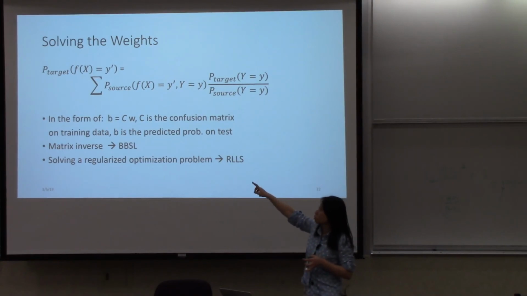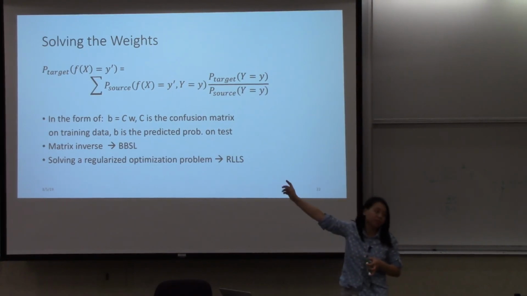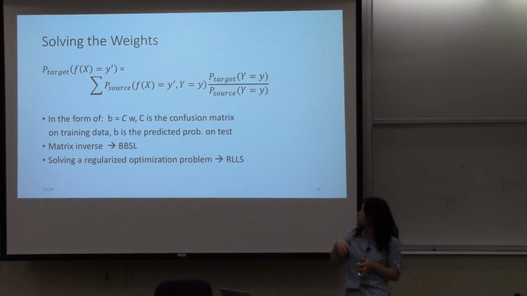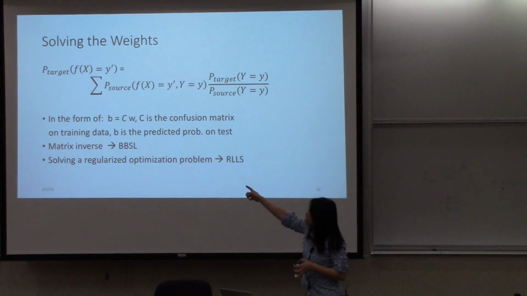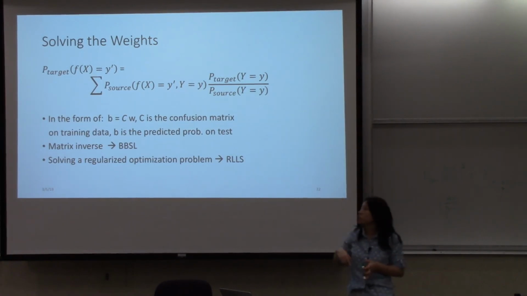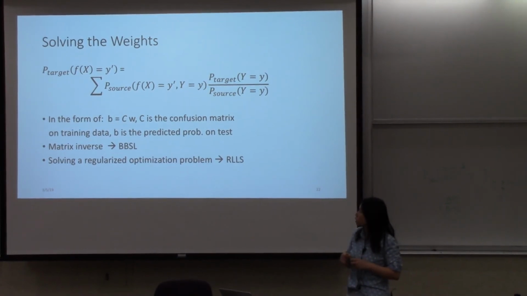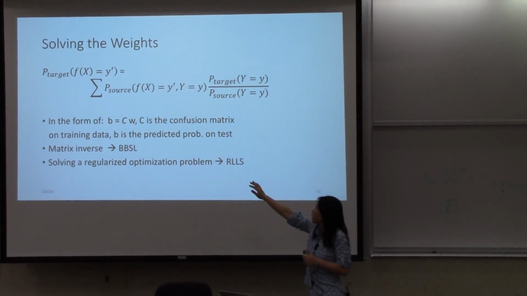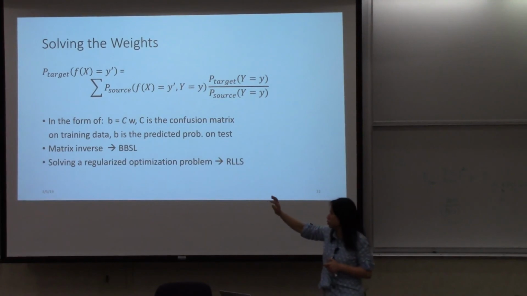Then it's just a question of how you want to get this W. You can get it using matrix inversion, so W is just B times C inverse, or you can solve a regularized optimization problem, which is the RLS method. So depending on how you want to get your W, you get different methods.